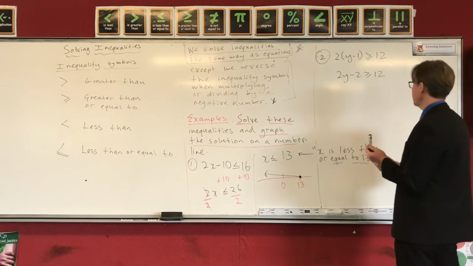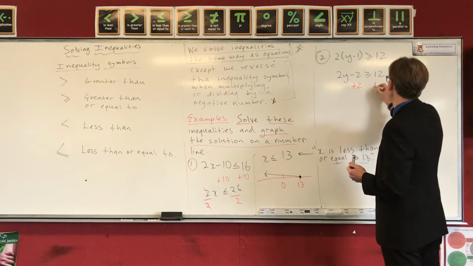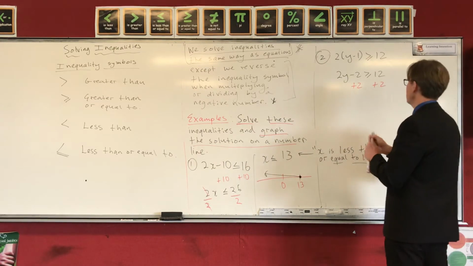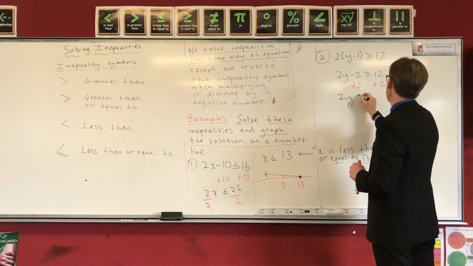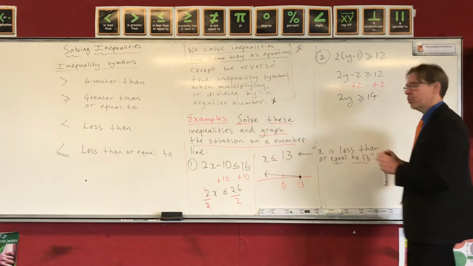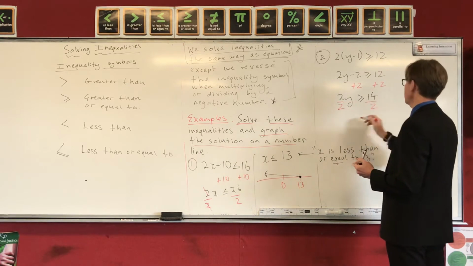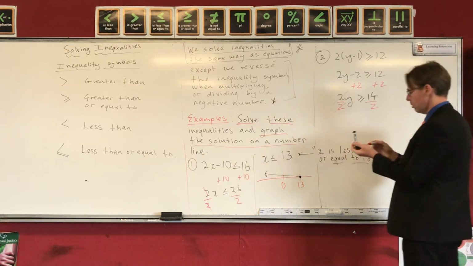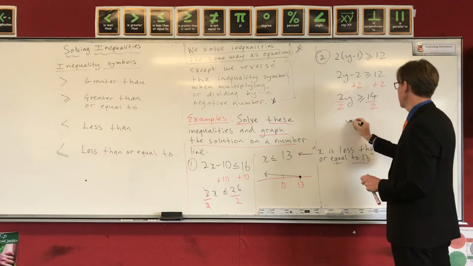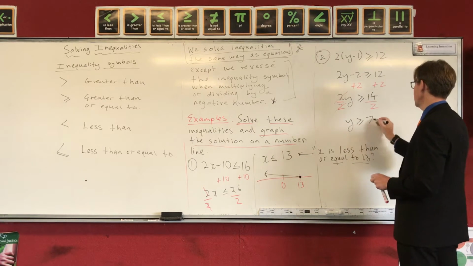Then add 2 to both sides. That gives me 2y bigger than or equal to 14. And then divide by 2, divide by 2. That cancels. And I'm left with y greater than or equal to 7.